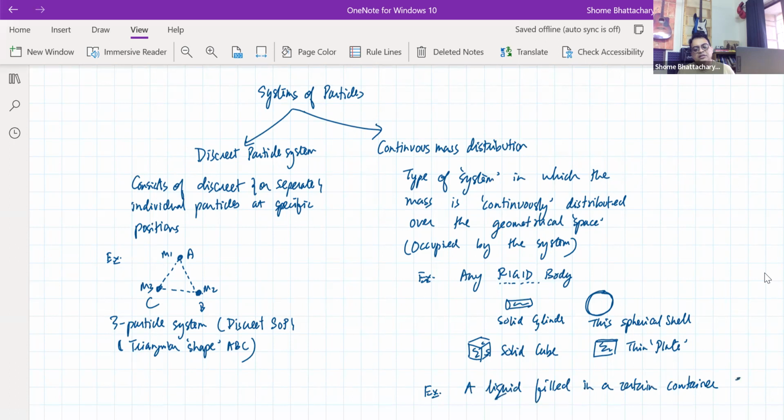Within that container, the liquid is occupying a continuous space, a continuous volume in this case. So that is also a system of particles. This is the classification of system of particles.